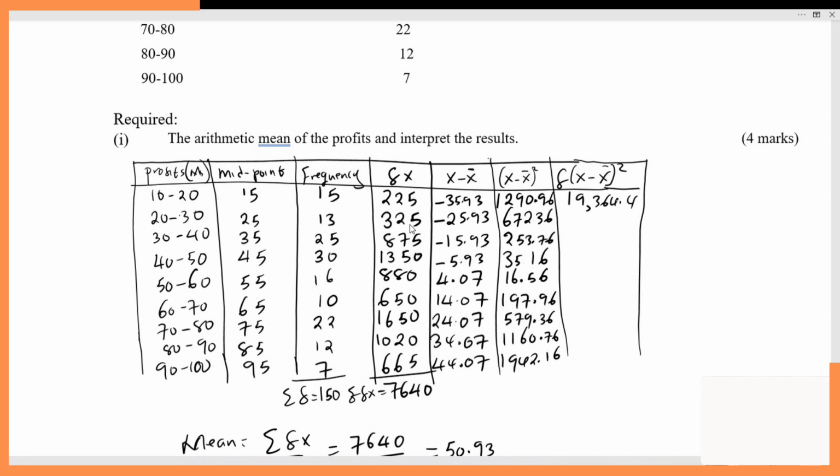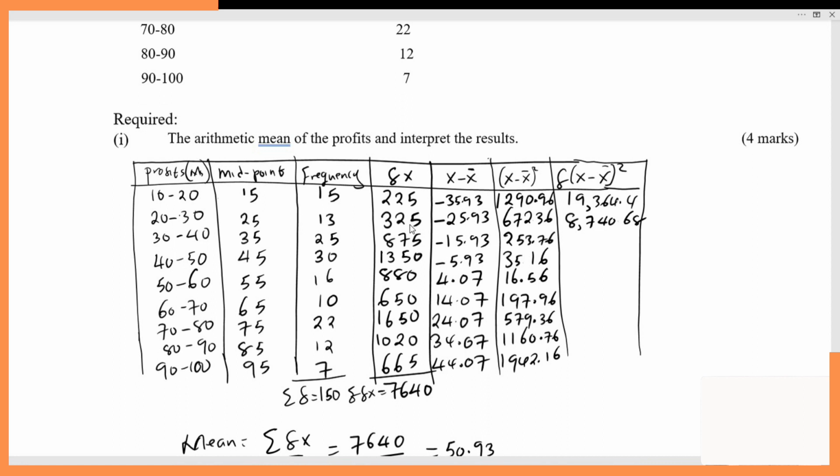Next, 672.36 times the frequency, 13, gives me 8,740.68.